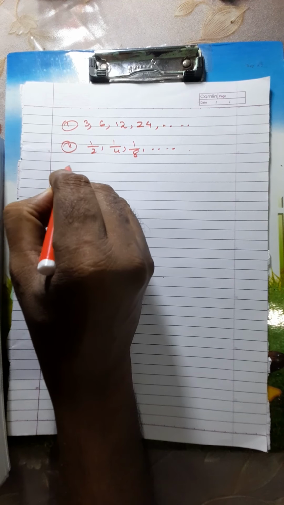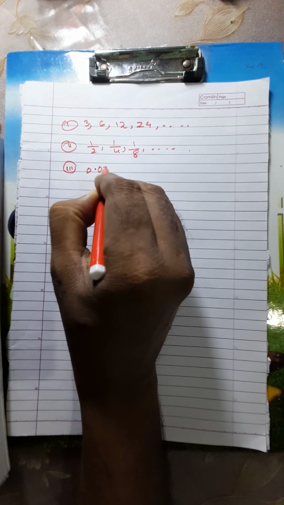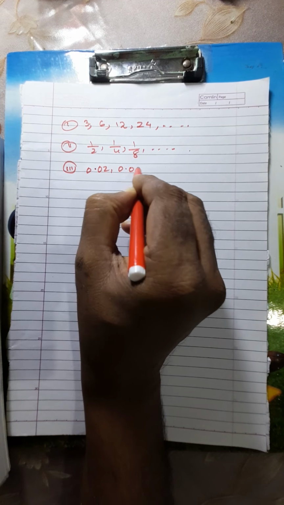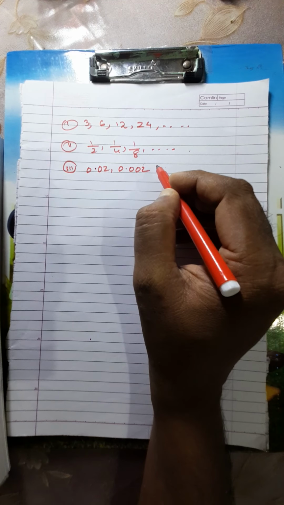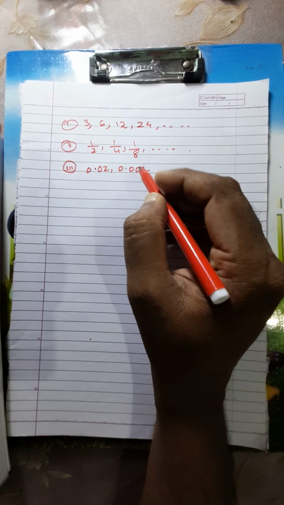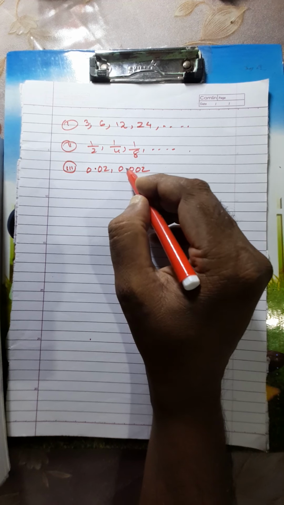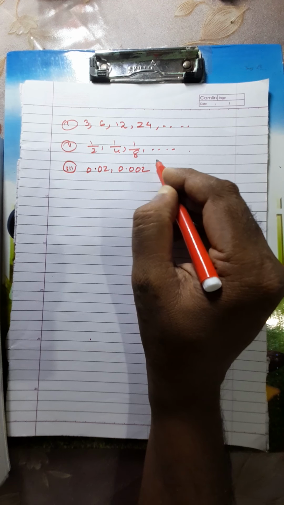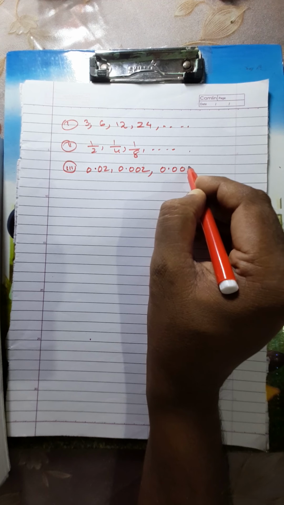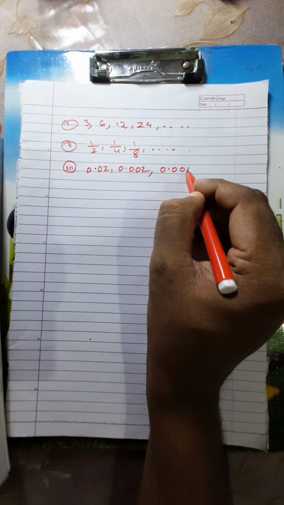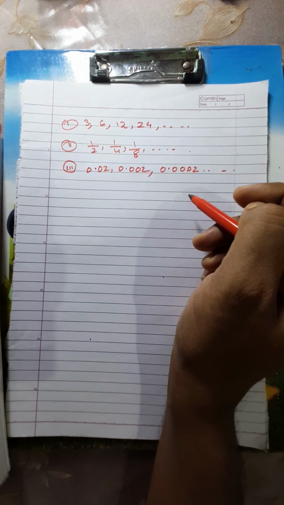Number 3, we can take 0.02, 0.002, 0.0002, dot dot dot.